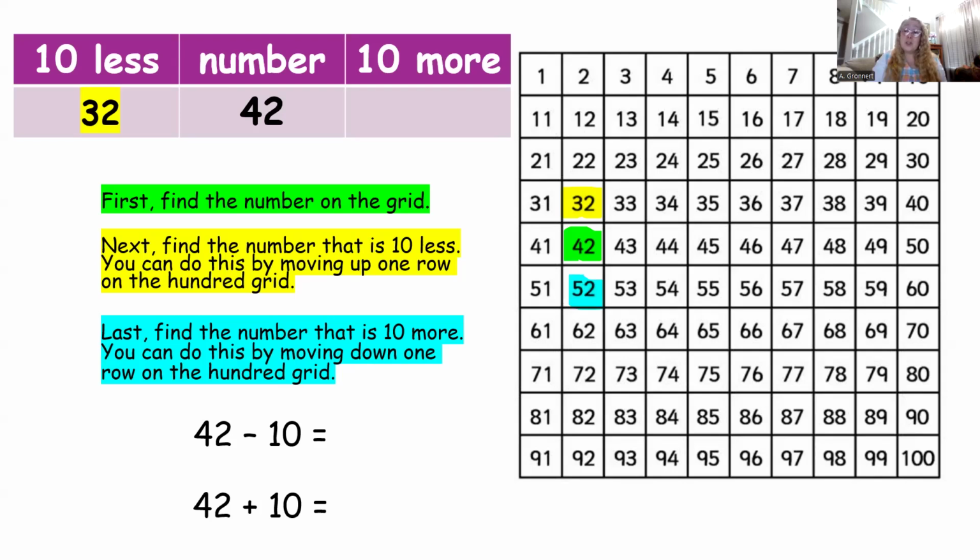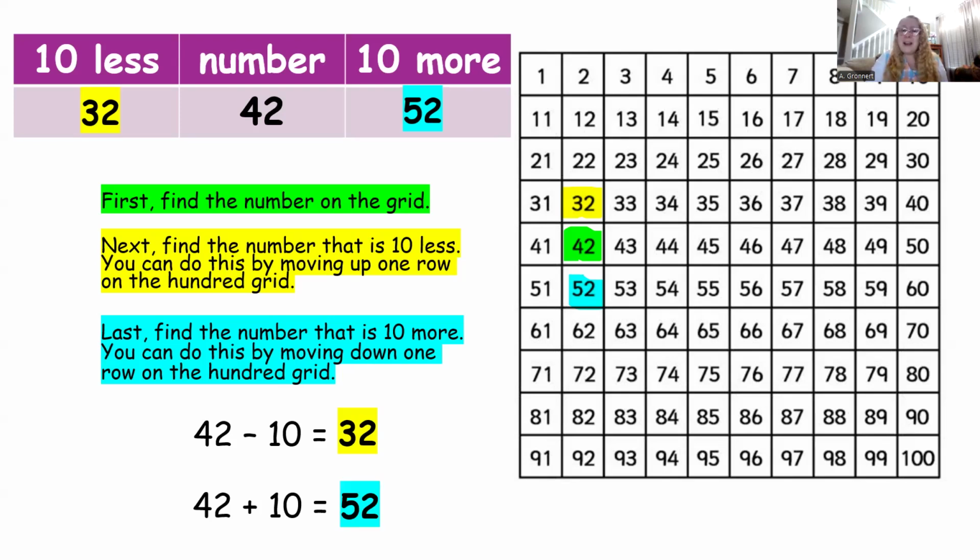So go ahead and circle that number or color it on your 100 grid and then write it into the chart. 52. So now we know that 42 take away 10 equals 32, and 42 plus 10 is 52.